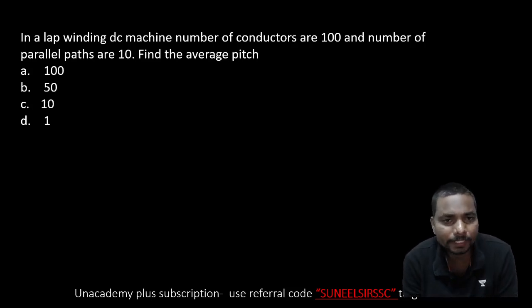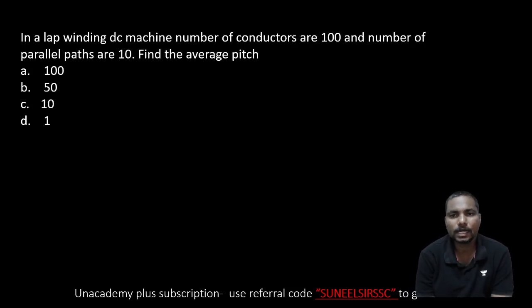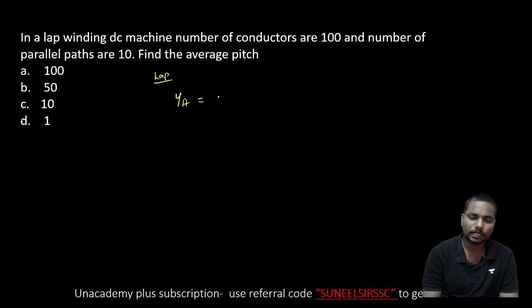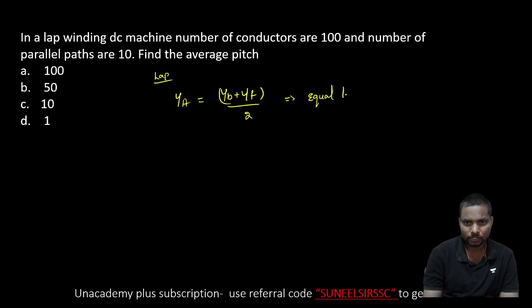Coming to the next question. In a lap winding DC machine, number of conductors are 100 and number of parallel paths are 10. Find out the average pitch. Very easy question. The average pitch in lap winding is back pitch plus front pitch by 2, which is equal to the pole pitch.